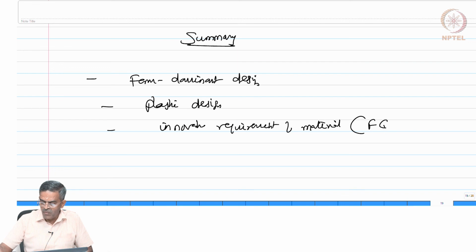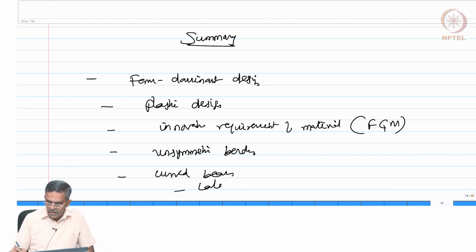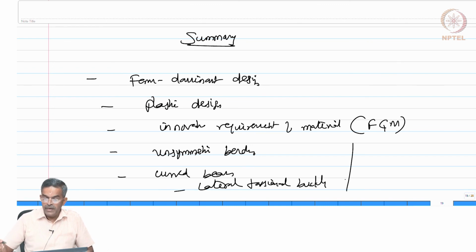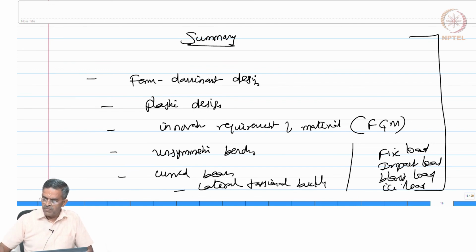One classical application we just mentioned is functionally graded materials, and we are also interested to learn more about unsymmetric bending, curved beams, lateral torsional buckling, in addition to learning more on fire load, impact load, blast load and ice loads.